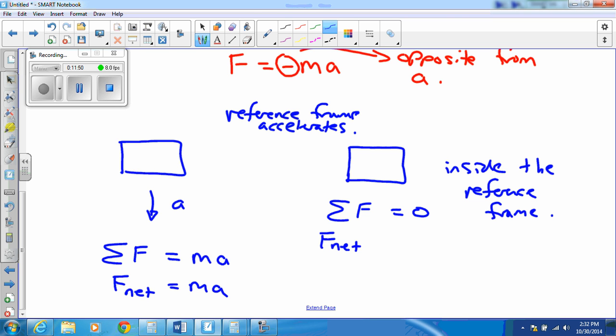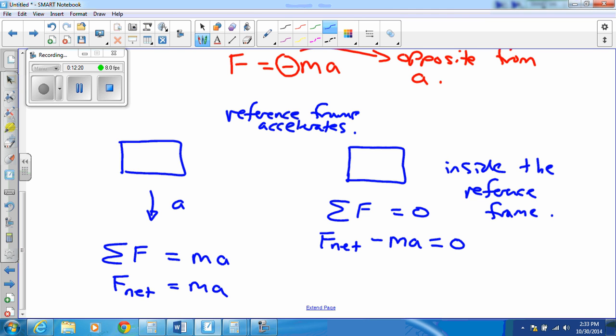It has to. Because the sum of forces can no longer equal mass times acceleration inside the reference frame, as well as mass times acceleration outside the reference frame. The sum of forces cannot be two values at once. But there's an easy fix, and that is that we can compensate by adding one more force, the fictitious force, negative ma.